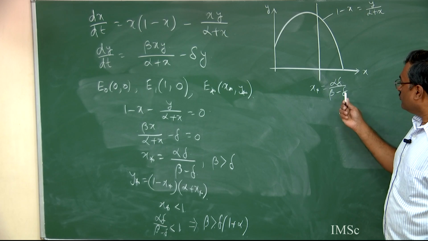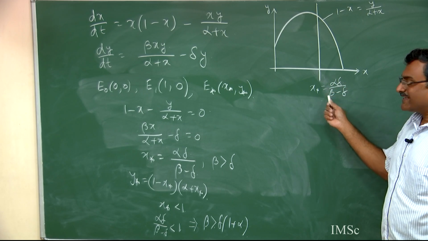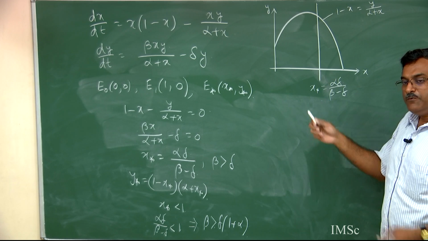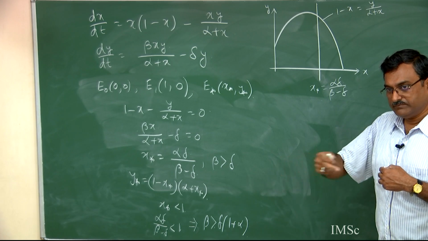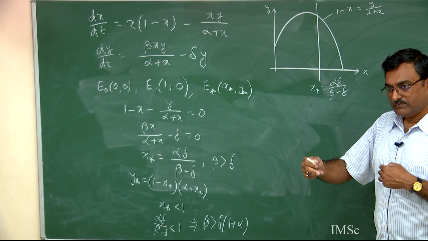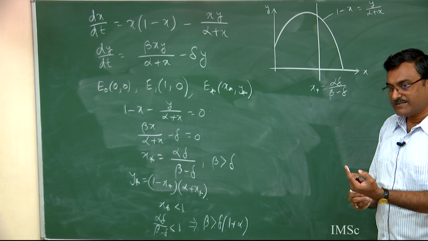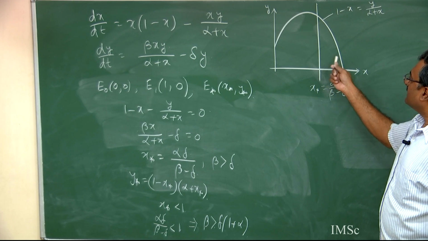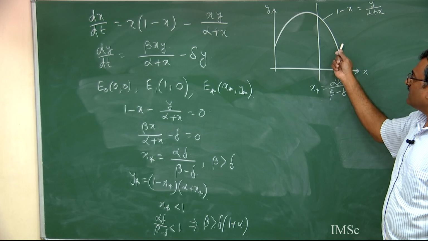Now if you choose any one of them as a parameter and keep on varying it, at a time you choose only one parameter as a variable, then you can see that the positions of the curves will be changing.